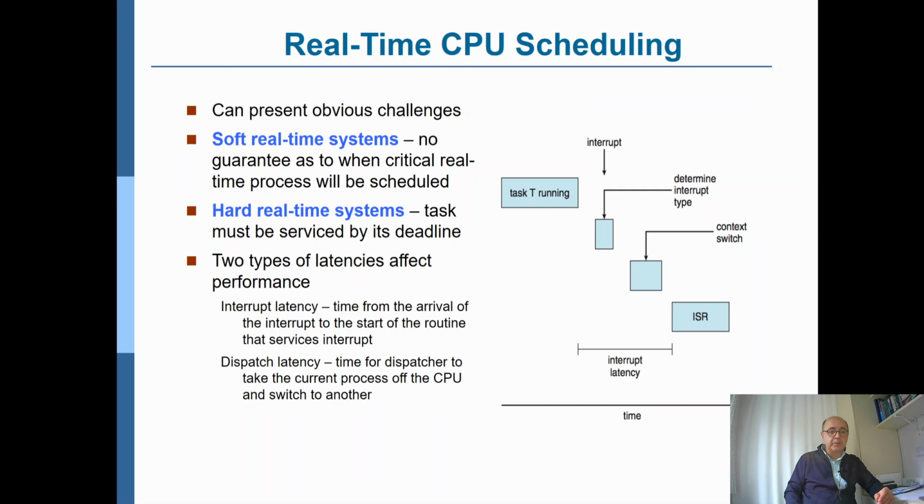So that's our interrupt latency. And in real-time systems, we'd like to keep this interrupt latency as short as possible, because we want to react to the interrupts as soon as possible.